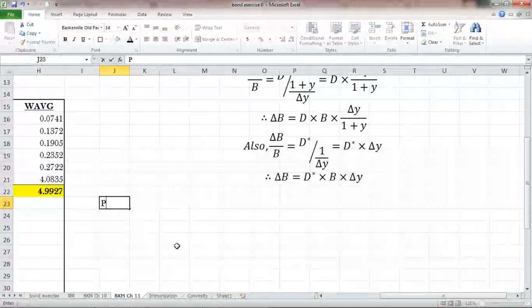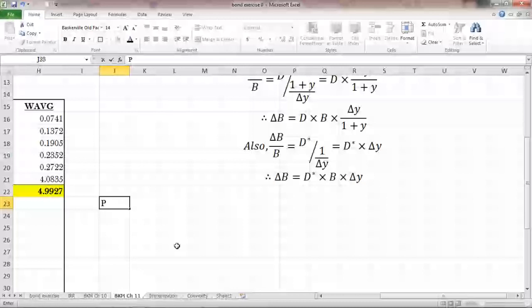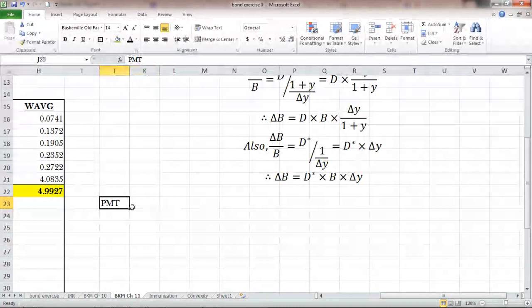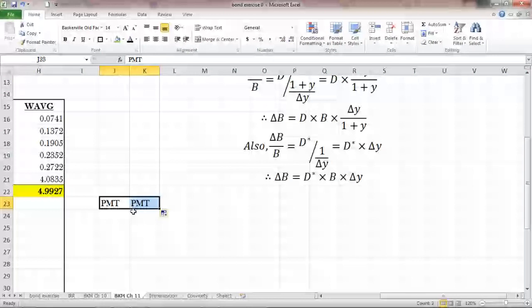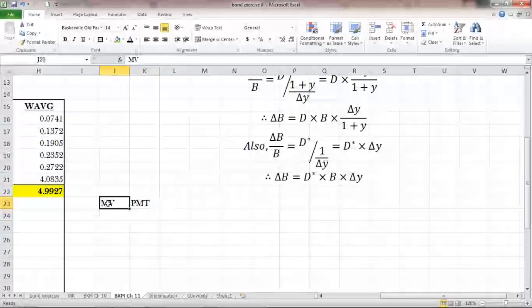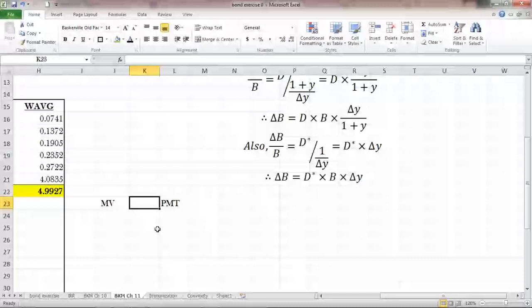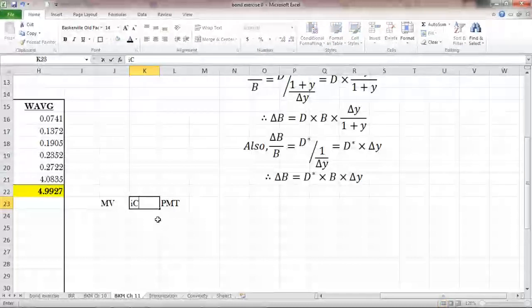What I should do is payment first. First, maturity value or future value or face value, right? The same thing. And coupon rate.